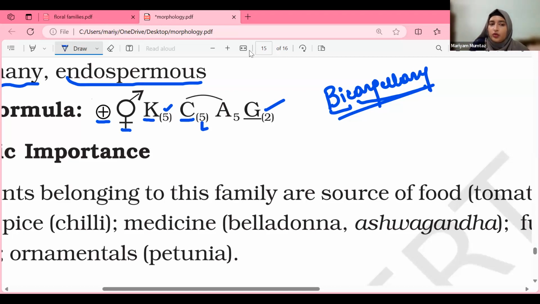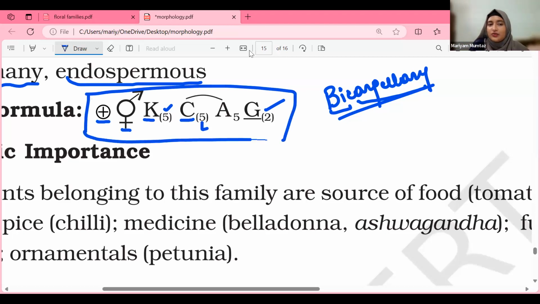Now, if I give you only this particular formula and ask you to write about the family, what will you say? That the Solanaceae family is actinomorphic, it is bisexual, the number of calyx is 5 and it is fused.